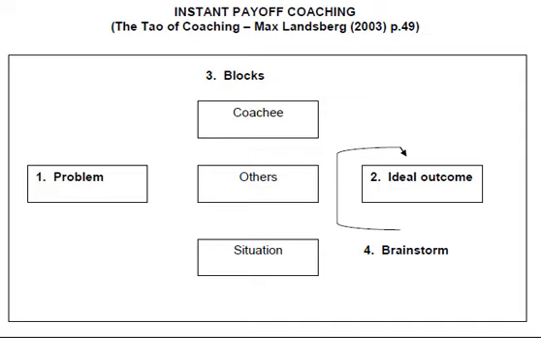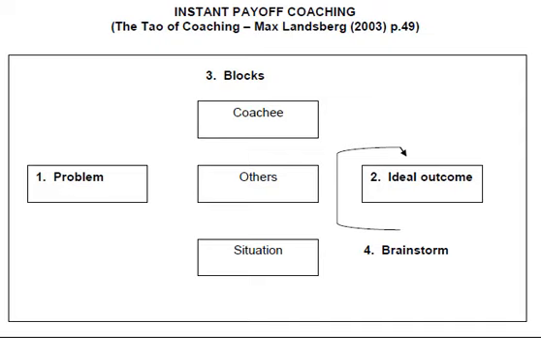The coach then turns their attention to the potential blocks, and that starts with the blocks that might come from the coachee themselves. For example, they might not have the skill set, the knowledge and the understanding required to achieve an ideal outcome. Or maybe they have a difficulty with the time allocation for solving the problem, or maybe they don't feel that they have the confidence to carry out the action, or perhaps fear that others won't follow their lead.